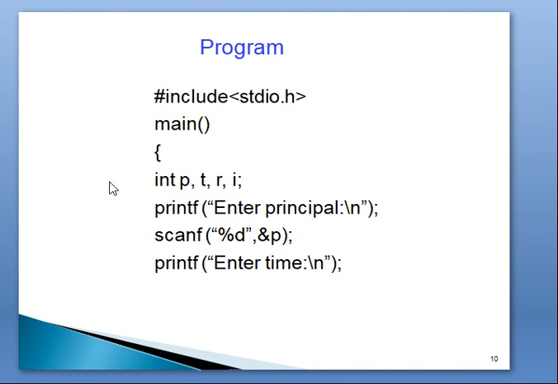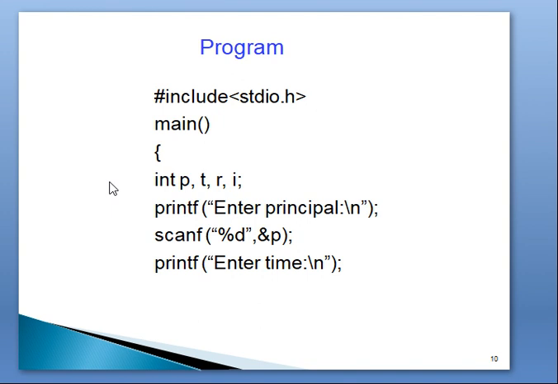After the printf statement, the scanf function is there. In the control string, we wrote the conversion character %d. This conversion character is used to read the integer number, and that integer number is stored in the p variable.